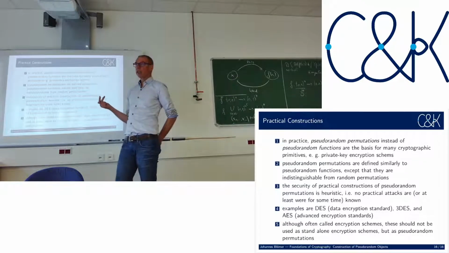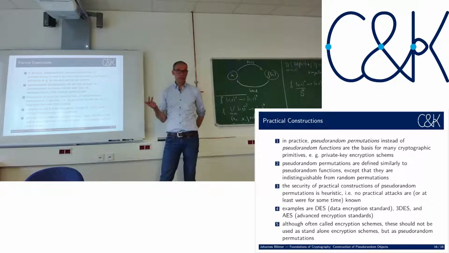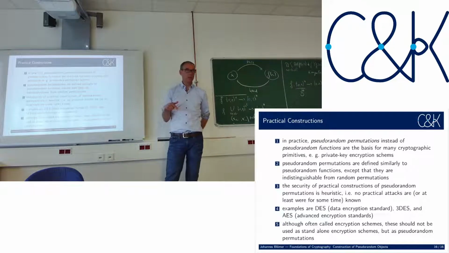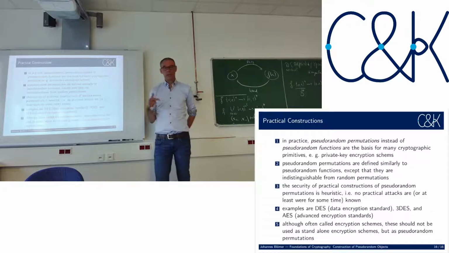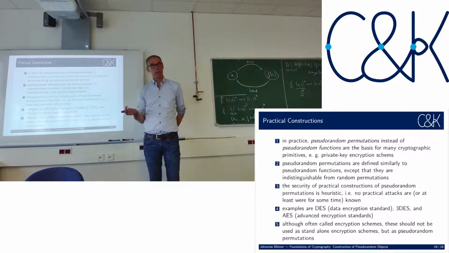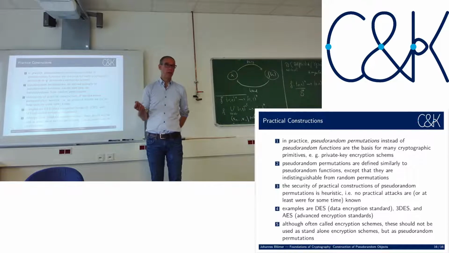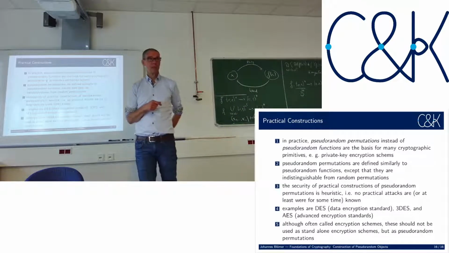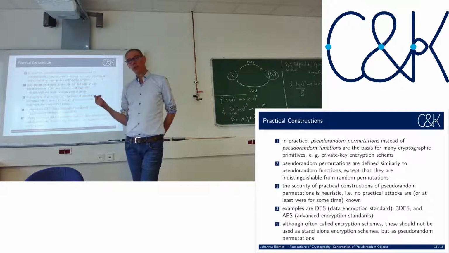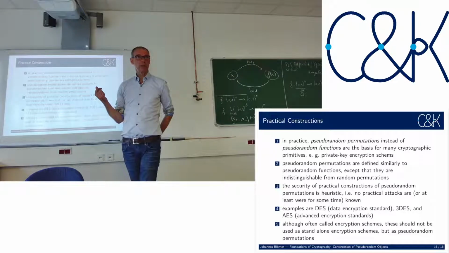In both cases, we try to construct these things from general assumptions. In the case of digital signature schemes, we'll see that, again, one-way functions are good enough to get digital signature schemes. For asymmetric encryption schemes, we are not able to prove that.